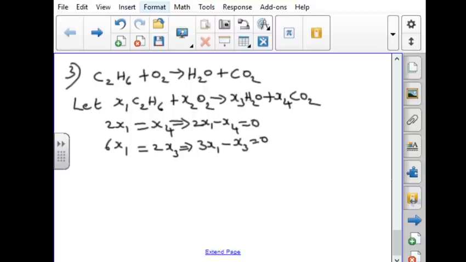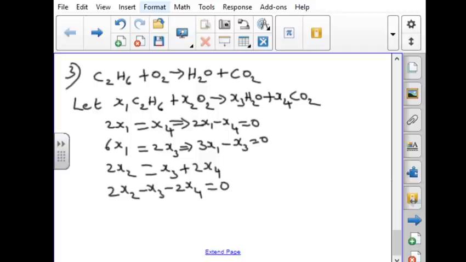Then come to oxygen. Here it is O2, so it is 2x2 is equal to, and here it is O, so it is x3, and here it is O2, so plus 2x4. So this gives you 2x2 minus x3 minus 2x4 is equal to 0.